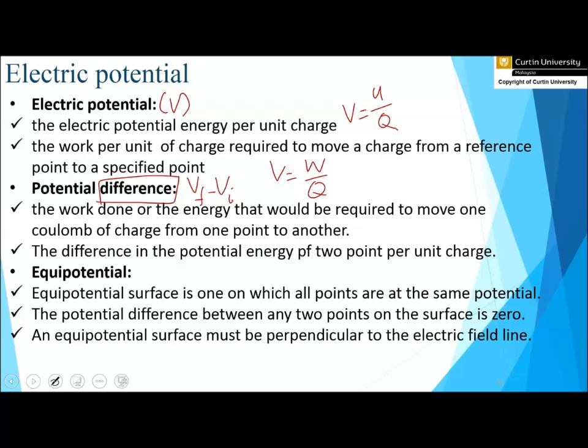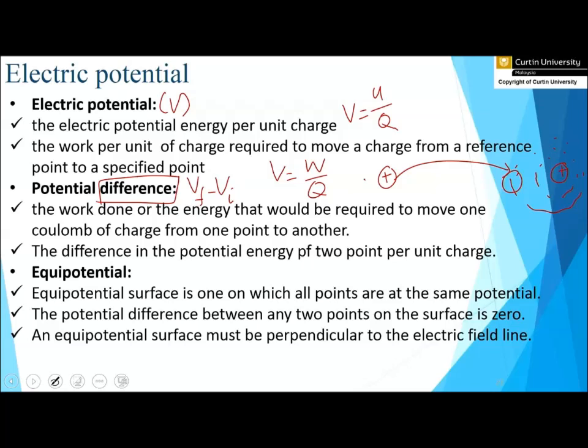So let's say we have a charge here. Any charge around it releases the aura, which is the potential. So if I want to bring another charge to this position, we need to do some work in order to bring this charge to that position, because of the potential, right?